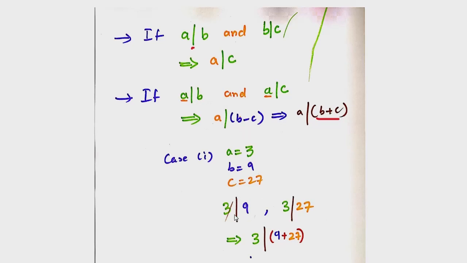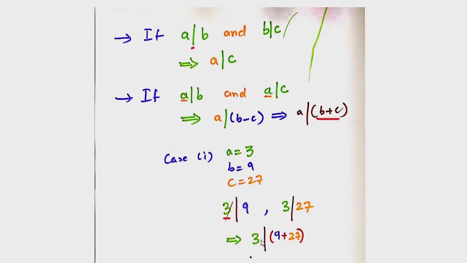Now I'm using this generalization over here. 3 divides 9. We know that 3 is a factor of 9 because 3 is dividing the 9 completely. Whenever a number is dividing another number completely, we call this number right over here a factor of that number. Alright, so 3 is a factor of 9, 3 is a factor of 27, so that means 3 is also the factor of 9 plus 27, that is 36.